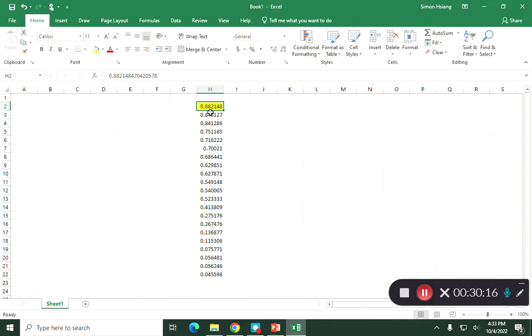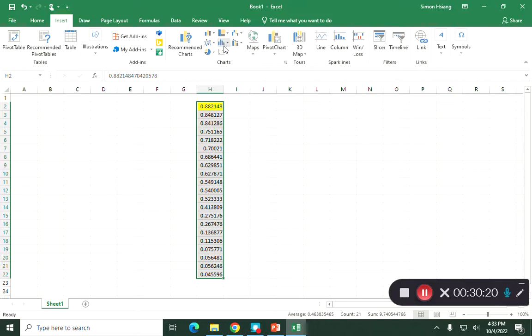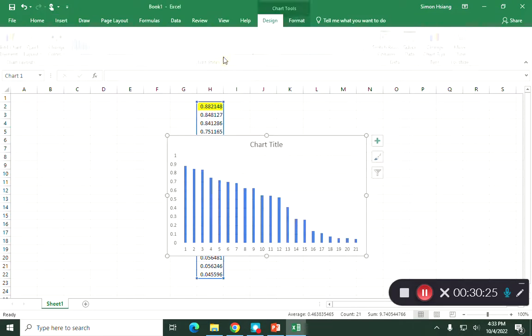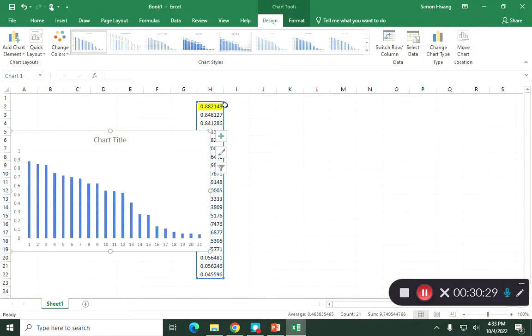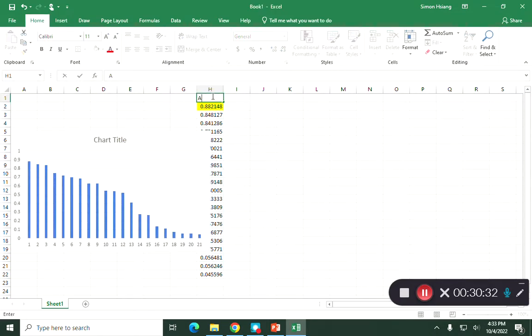And if you look at the histogram, the bar chart of these things, huh? What happened? This is the A class, number one looks like this.